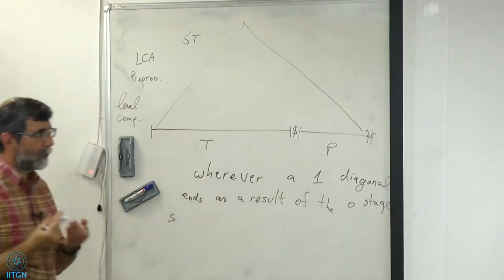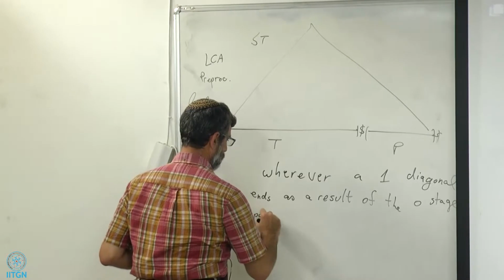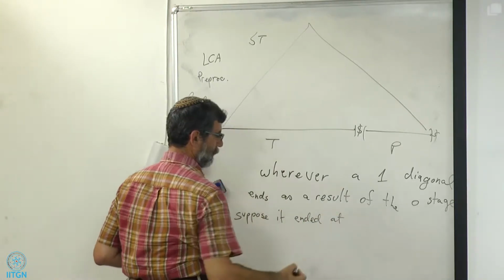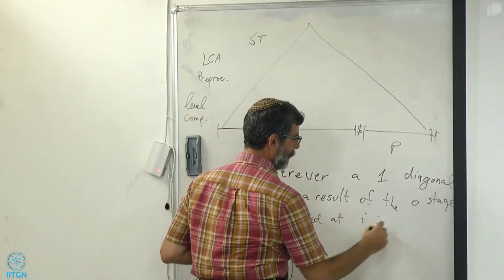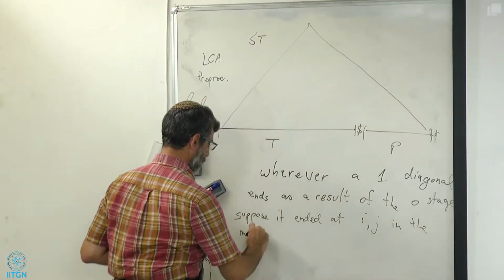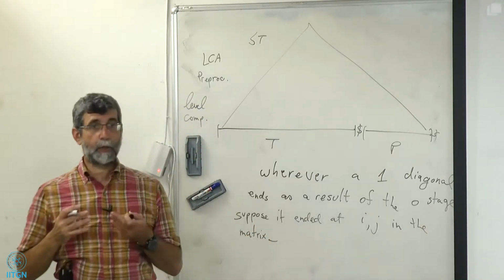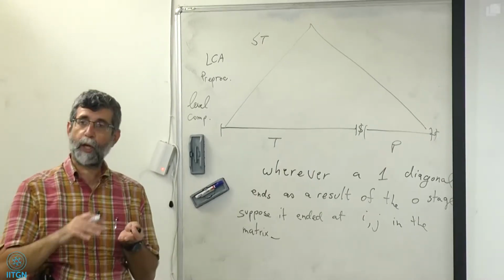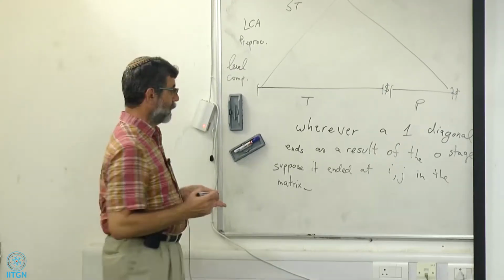So suppose it ended in column J. So suppose it ended at i,j, okay? At i,j in the matrix. Then it could be that if we extend from the pattern in position i plus 1 and the text from position j, everything is equal.